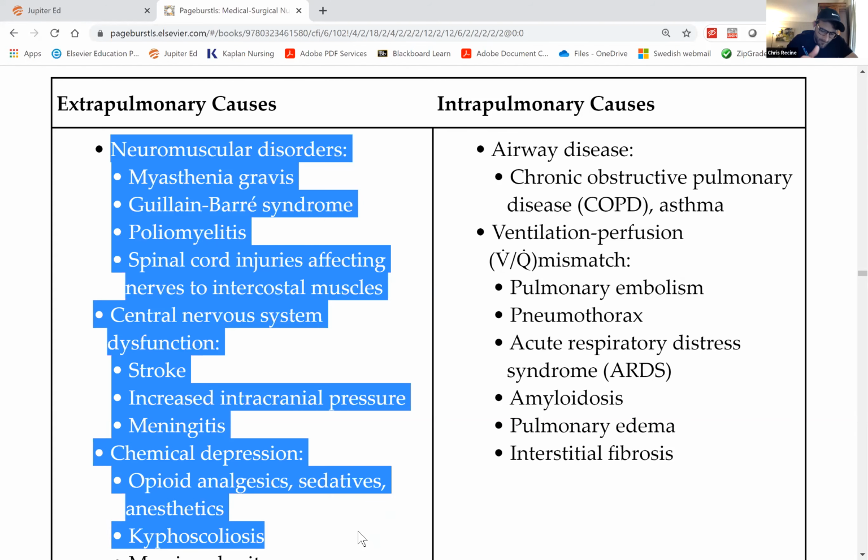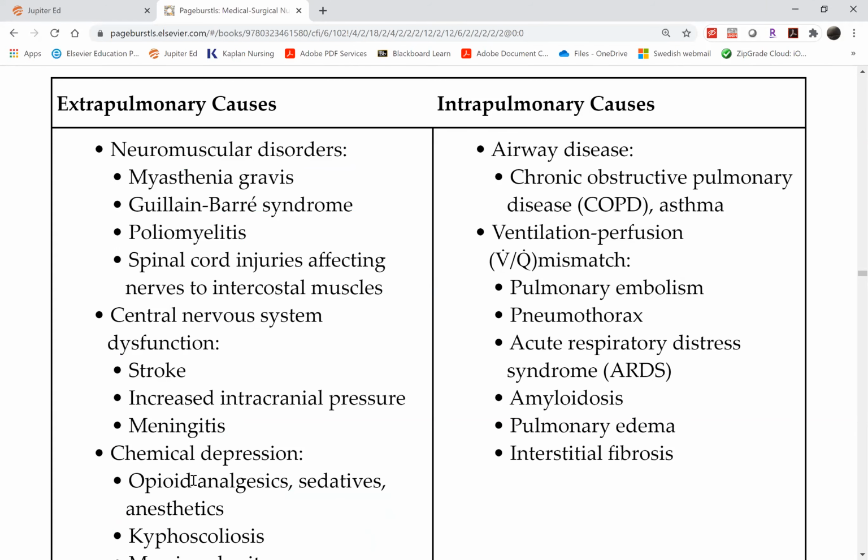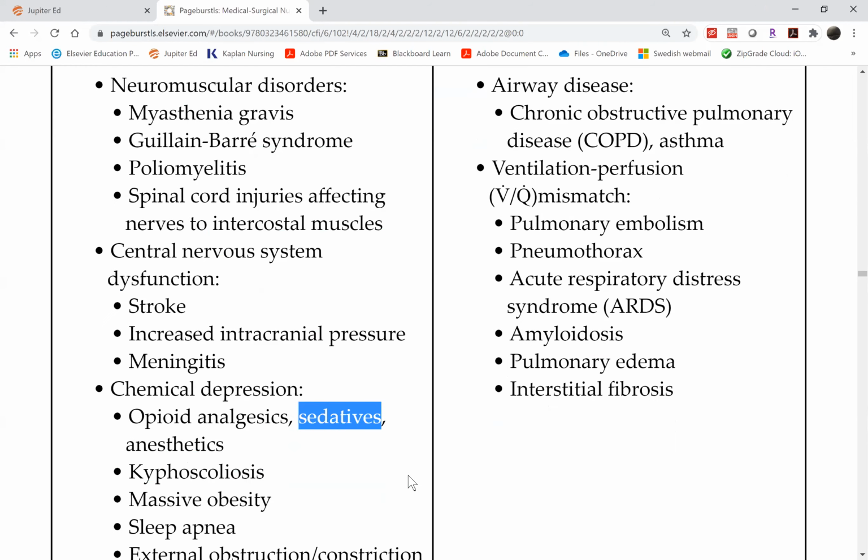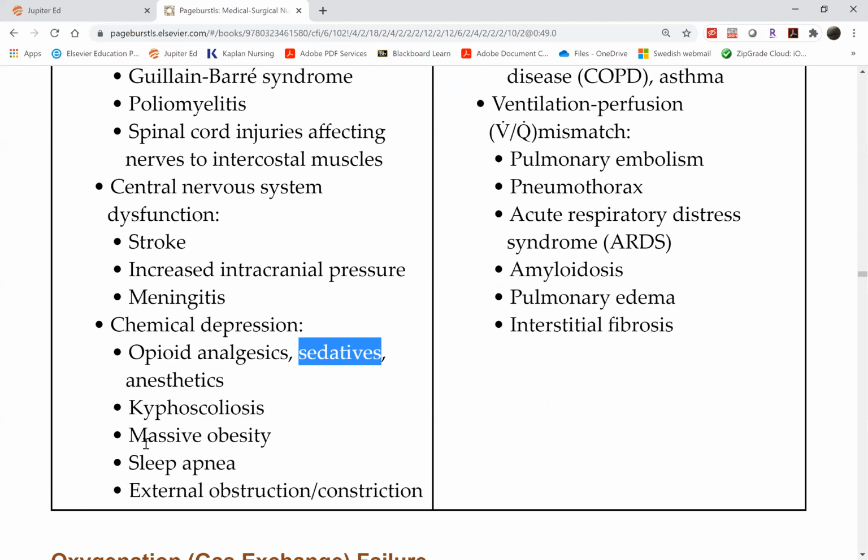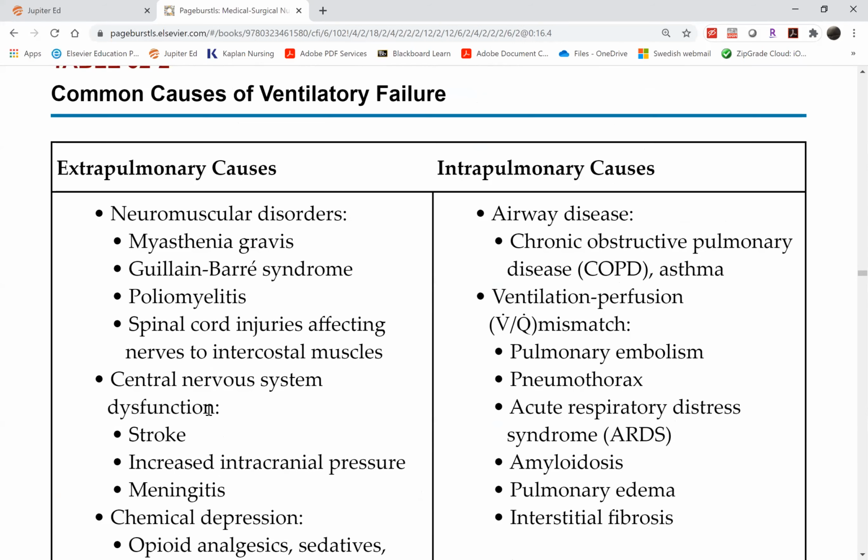So same thing here, look at opioid overdose. If you have opioid analgesic overdose, for instance, or benzodiazepine overdose, all of these, massive obesity, sleep apnea, you stop breathing, right? So all these affect the rate and the depth of your respiration.